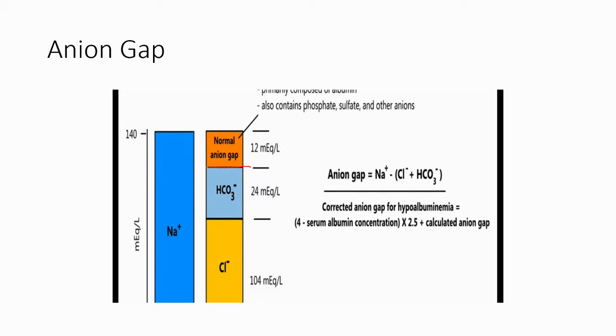This is what normal looks like. When you say gap, do you see this 12 right here? It takes into account another ion that we're not measuring, 12 milliequivalents, that would actually make it even. By putting this 12 in the equation, it makes these all even, 140 on this side and 140 on this side. That's all the picture shows.